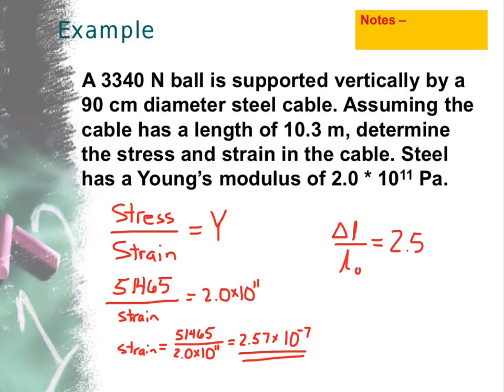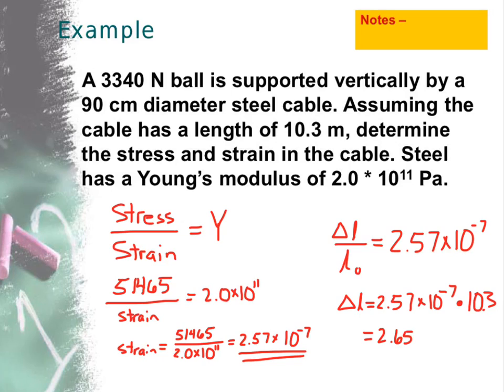I know that my strain is the change in the length divided by the original length. That's going to equal my strain. And it tells me that the cable has a length of 10.3 meters. So delta L turns out to be 2.65 times 10 to the negative 6 meters.